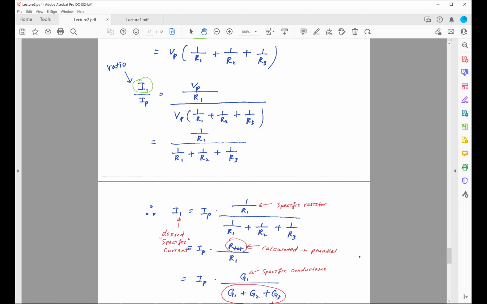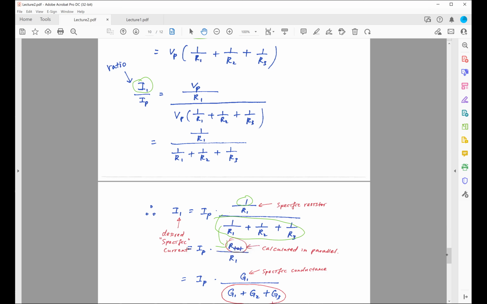If you recognize R total is equal to 1 over R1 plus 1 over R2 plus 1 over R3, then I can simply take 1 over this whole thing, and I can replace it with just R total.